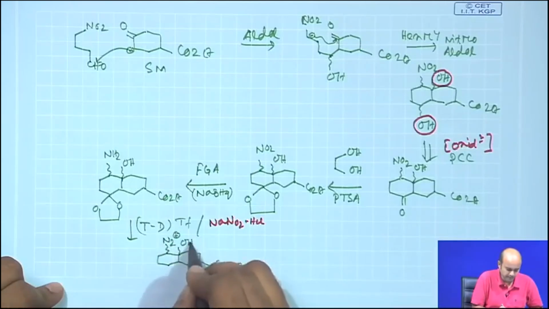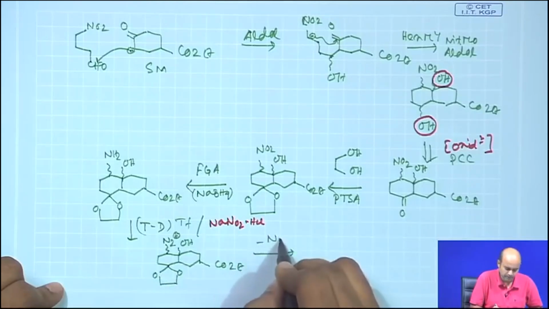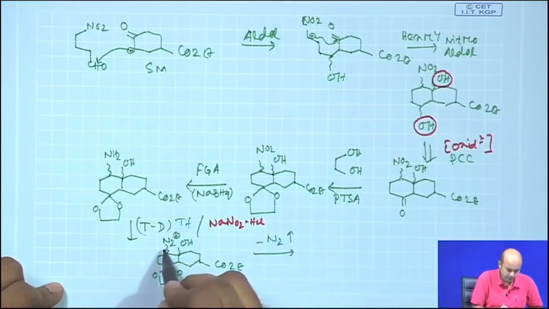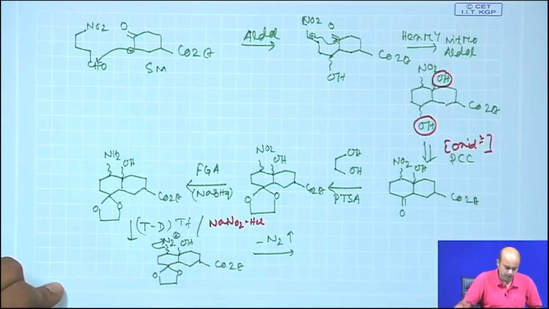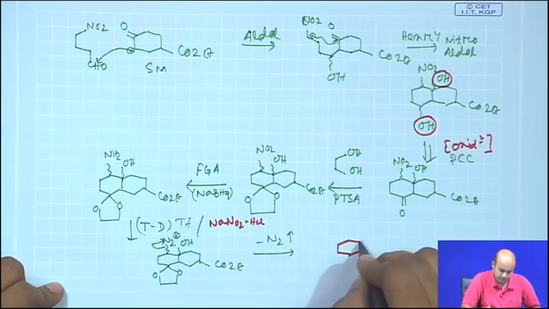This OH is there. Now, diazonium species have a tendency to lose nitrogen as a gas. So, this will now leave. Now, once this leaves, you will have a carbonium ion here.